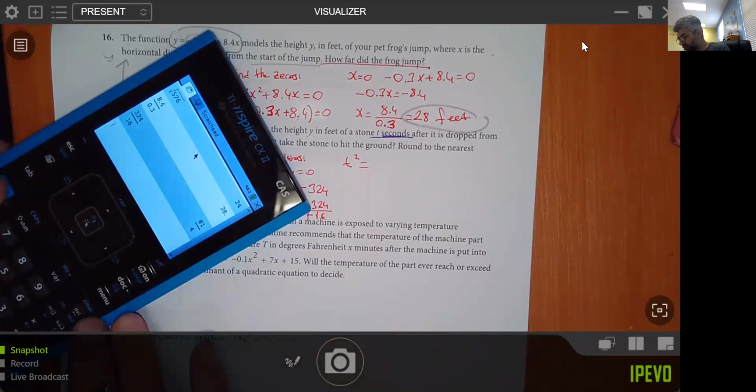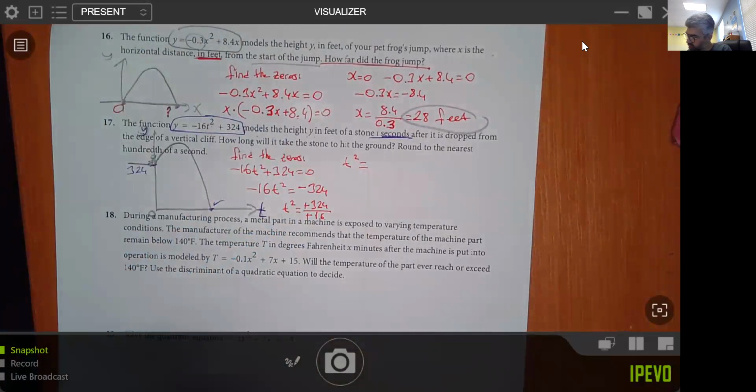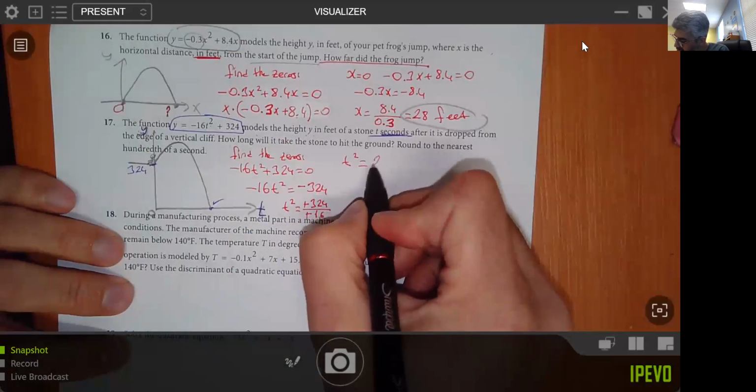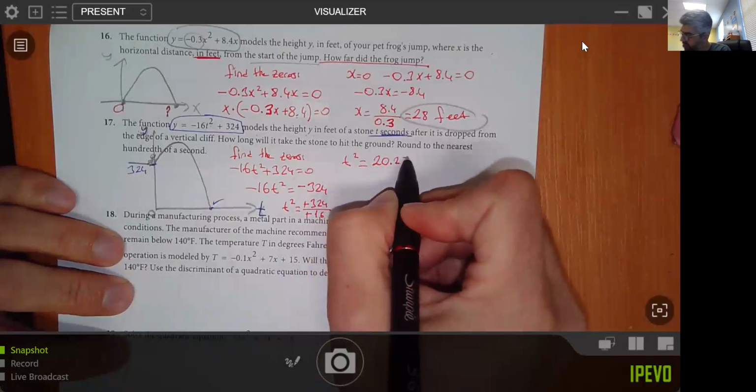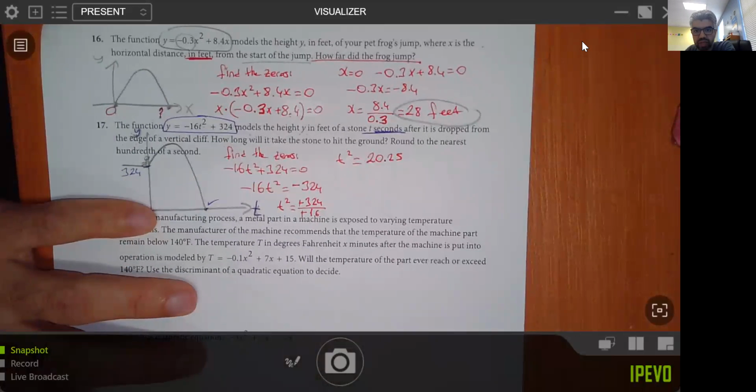This is the simplified form. And if I find the value, I just press control enter. It is 20.25. So t squared is 20.25.